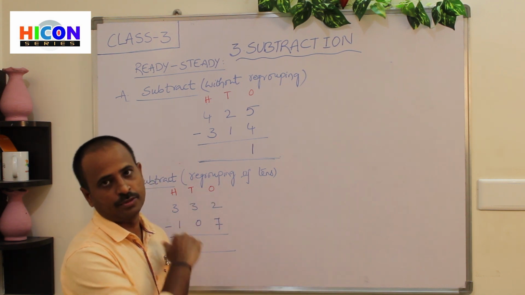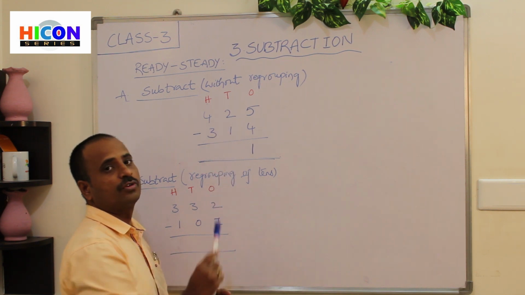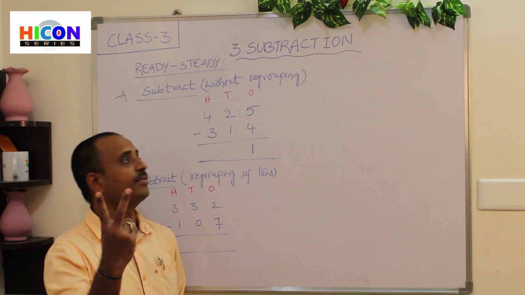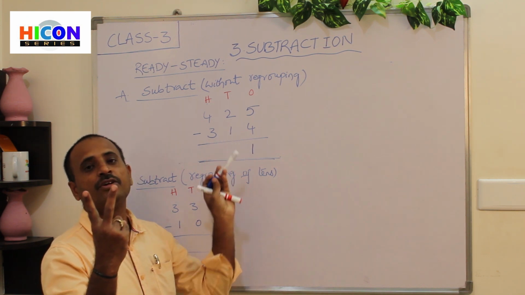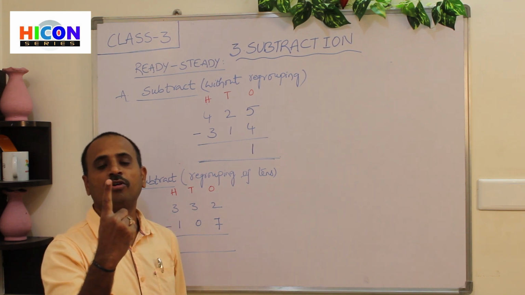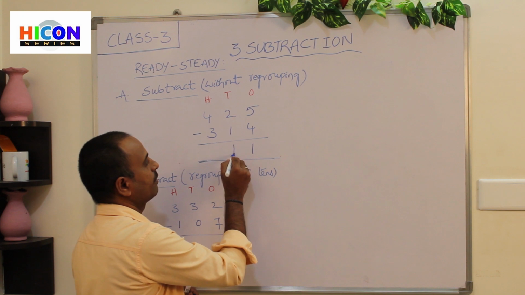Now go to the tens place. What is the first number here? 2. Open 2 fingers of your hand, 1, 2. What is the second number here? 1. Close 1 finger of your hand. How many fingers are left here? 1 finger is left. So write 1.